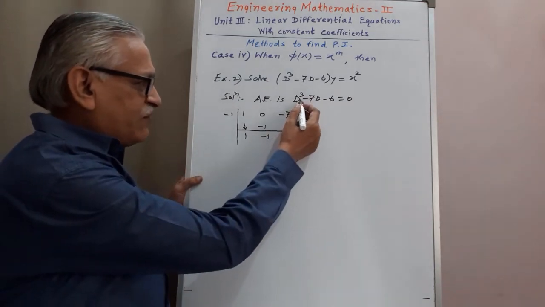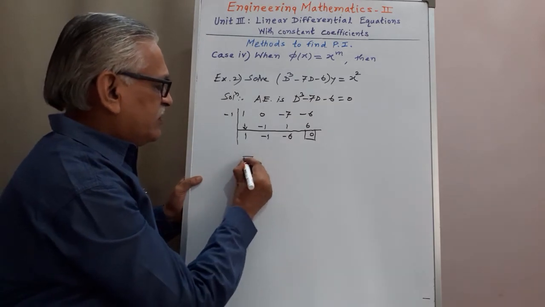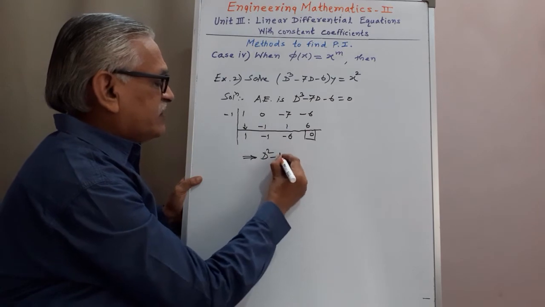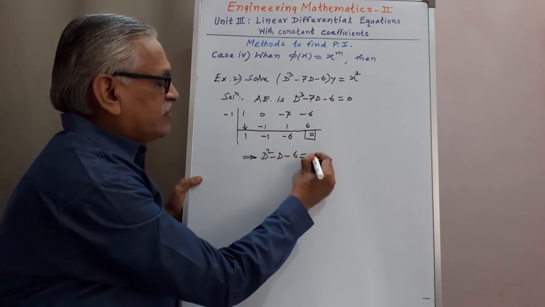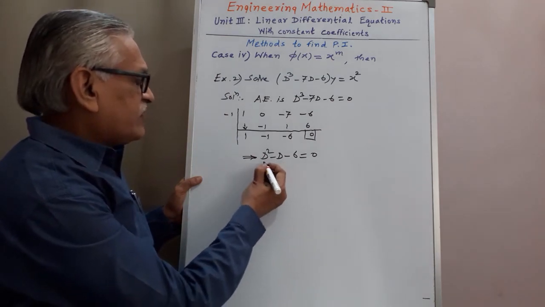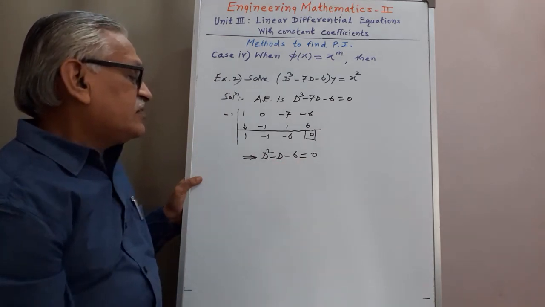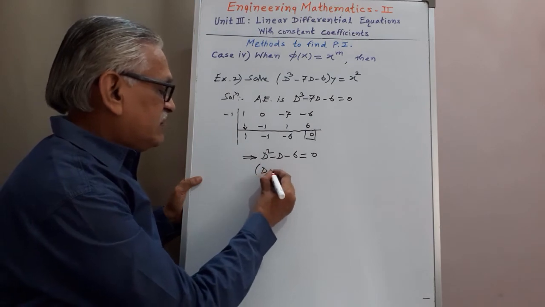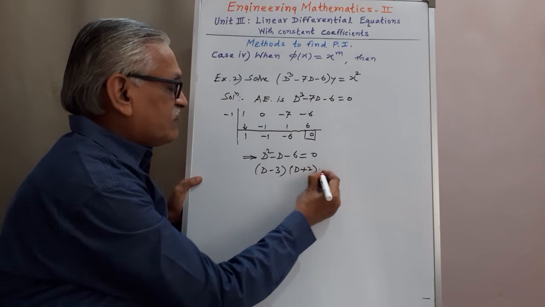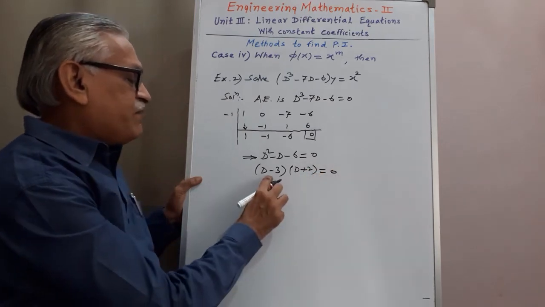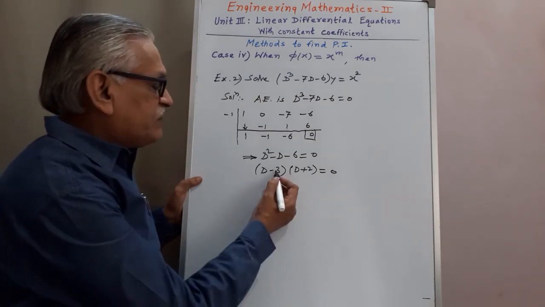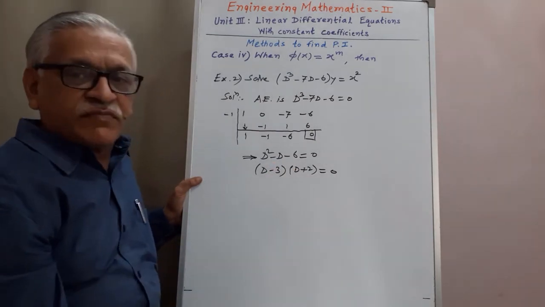And removing one factor from this cubic equation, the remaining factor is D square minus D minus 6 equals 0. Finding the factors of this, the factors are D minus 3 and D plus 2. The product must be minus 6, as we are getting, and the sum minus 3 plus 2 is minus 1.